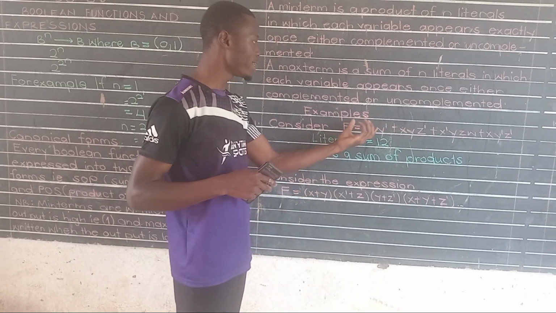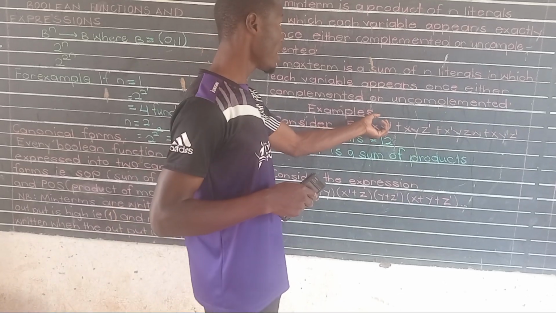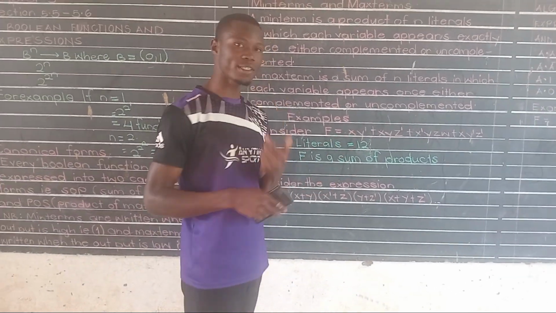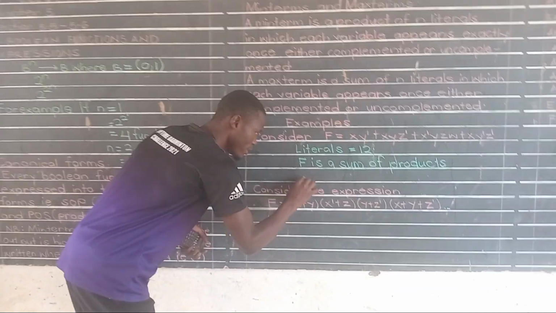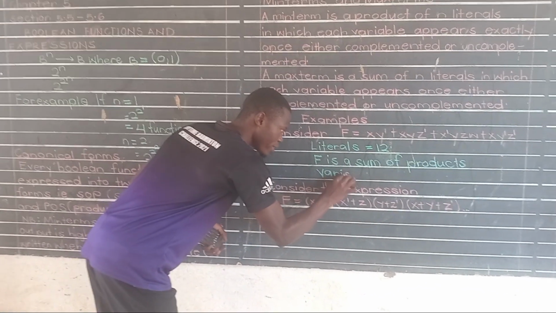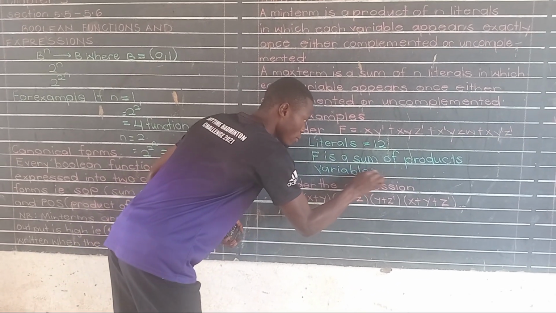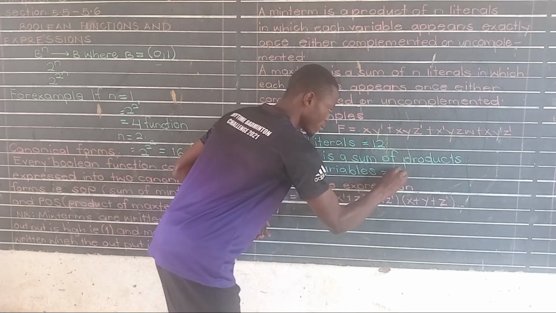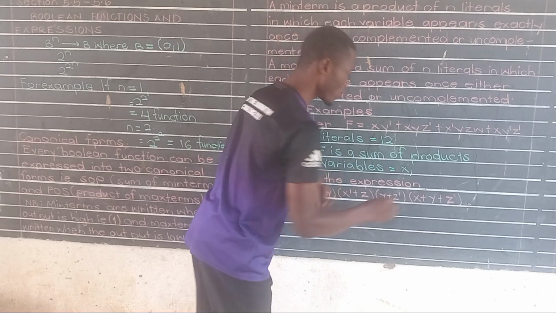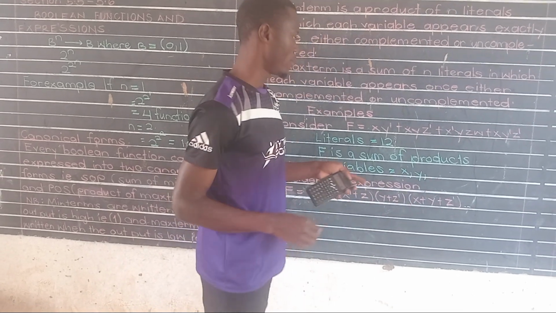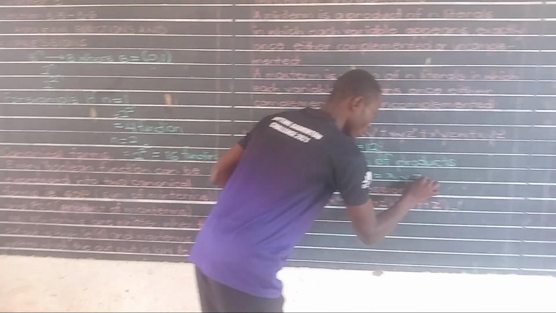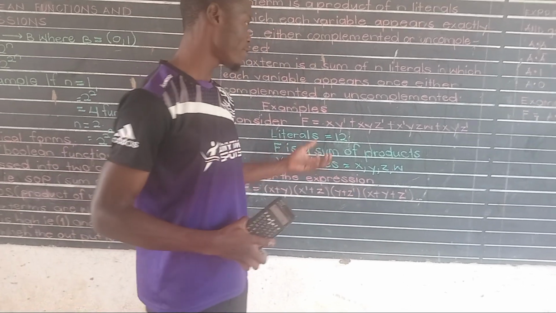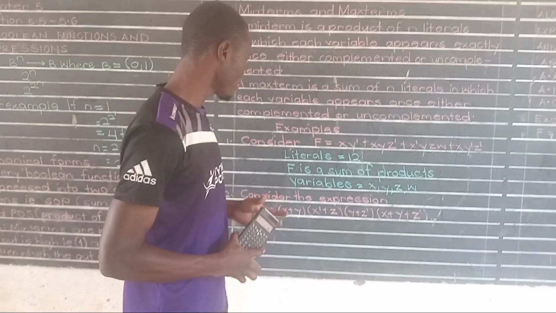So here I will identify the min term. Let me first identify the variables that I have. The variables in the problem are x, y, z, and w.